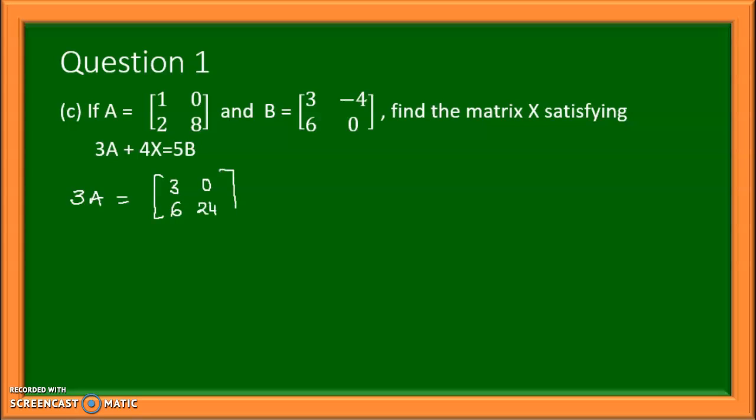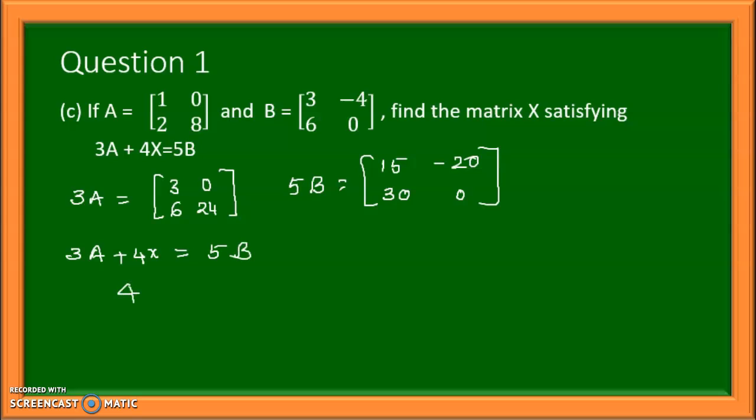The same for 5B. Next one is 5B. We need to multiply all the terms by 5. So you will get 15, minus 20, 30 and 0. Now we can substitute in the equation. 3A plus 4X is equal to 5B, which means we need 4X, so 4X is equal to 5B minus 3A.